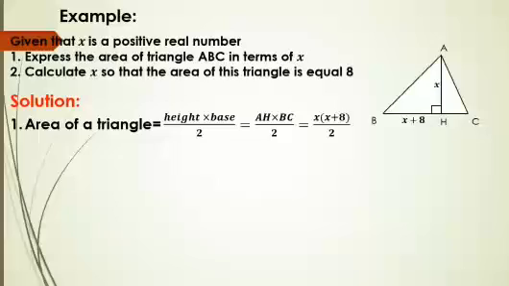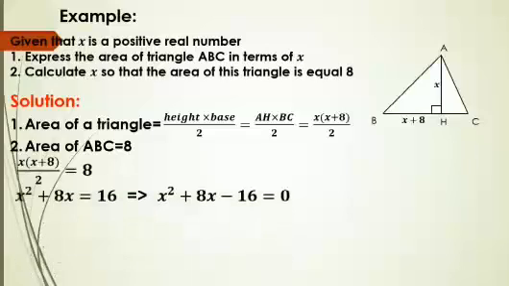Now, calculate x so that the area of this triangle is equal to 8. When we say "so that", this is given. So we write the area of triangle ABC is equal to 8. The area is x into x plus 8 over 2 is equal to 8. Cross multiplication, we get x squared plus 8x equals 16.